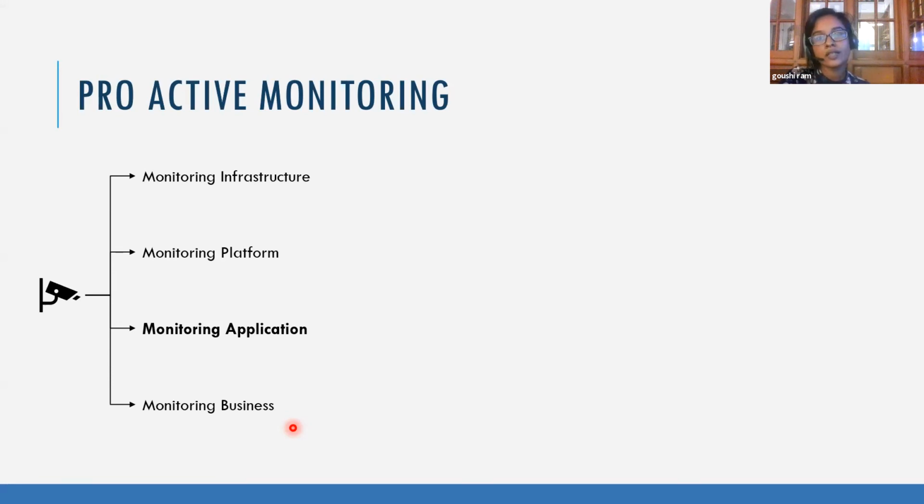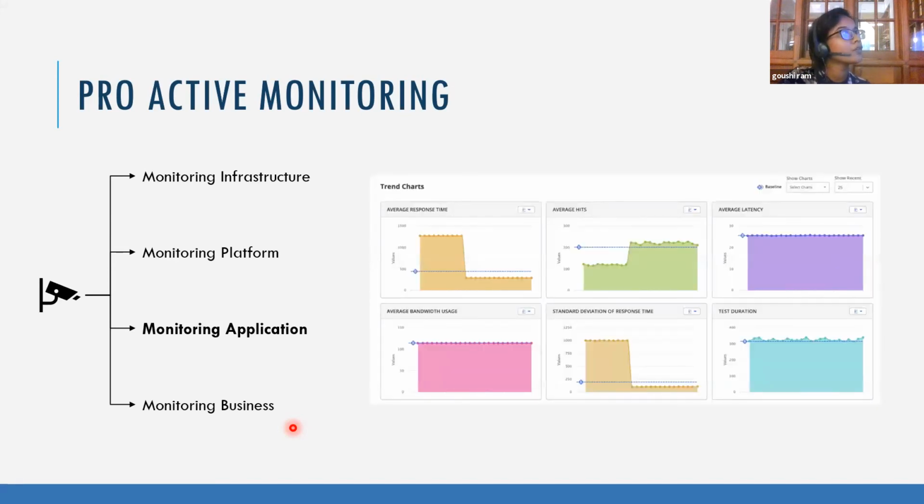So before a release, we can monitor the application proactively using continuous performance testing, where in every release we can compare the performance test metrics like average response time, average hits, latency, etc. with the baseline and identify the issues or identify the failure criteria and the trends of our execution proactively.